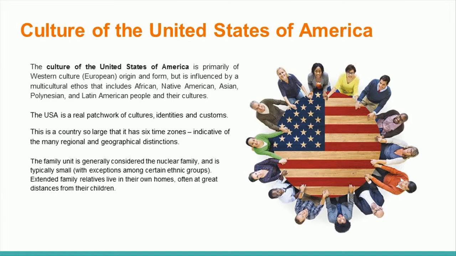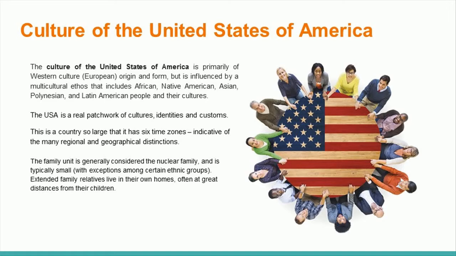The culture of the United States of America is primarily of Western culture, European origin and form, but is influenced by a multicultural ethos that includes African, Native American, Asian, Polynesian, and Latin American people and their cultures. The USA is a real patchwork of cultures, identities, and customs.